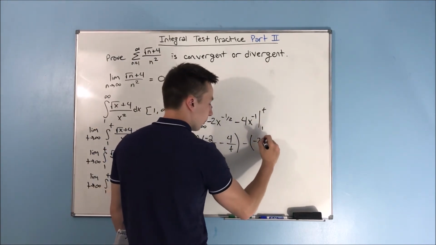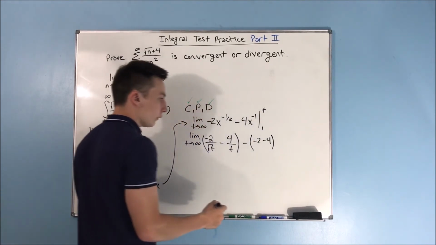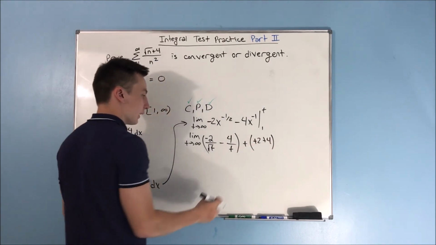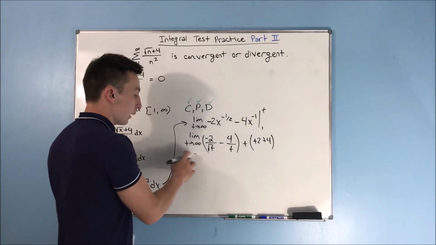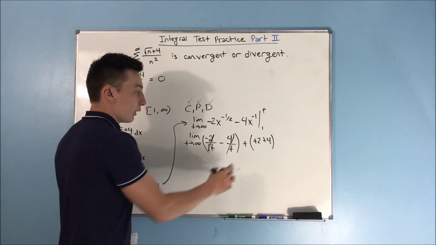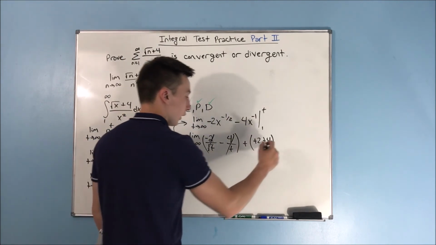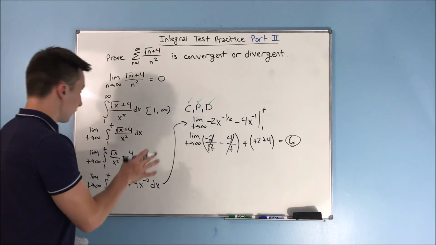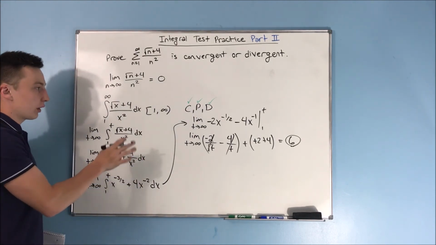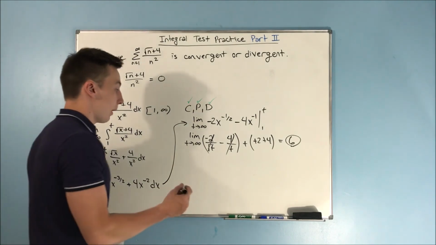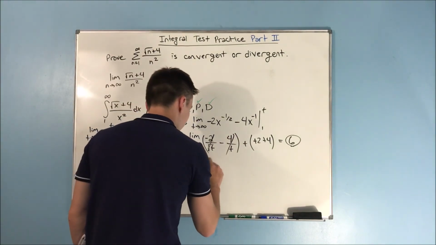We'll get a negative 2 minus 4. Okay, if we make this a plus, then this becomes a plus on the inside here. And you can see that as t approaches infinity, well, this goes to 0, this goes to 0, so we end up with just 6. Okay, and since this integral converges, that means that our series is going to converge. Okay, so by the integral test, this series converges.